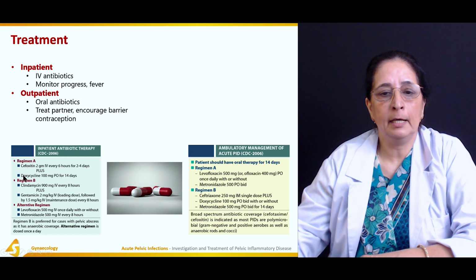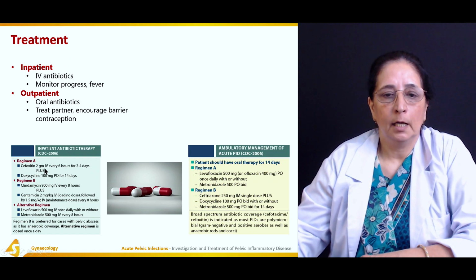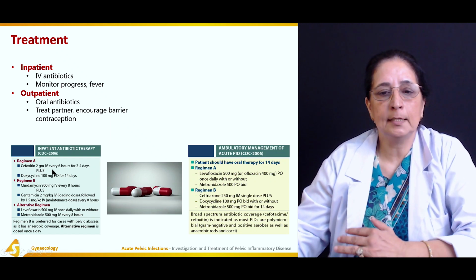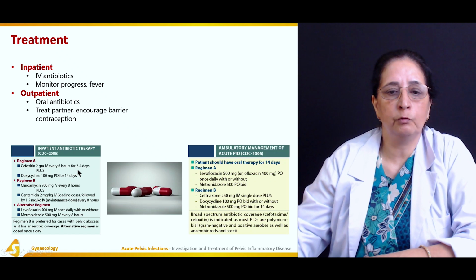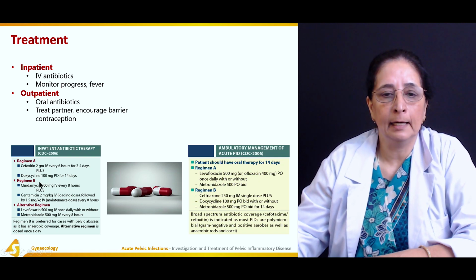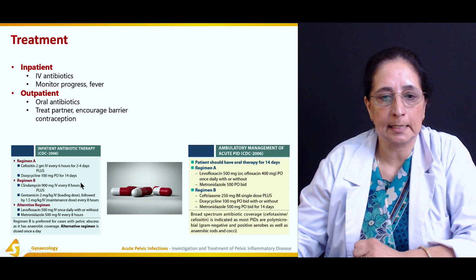In regime A, cefoxitin 2 grams intravenously every 6 hours for 2 to 4 days. Along with cefoxitin, doxycycline 100 milligrams orally for 14 days.